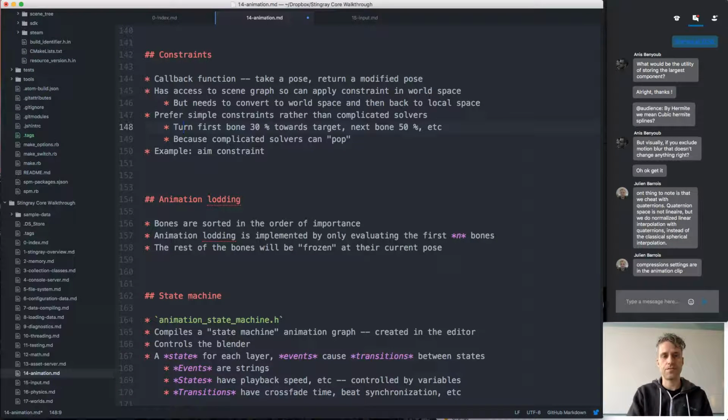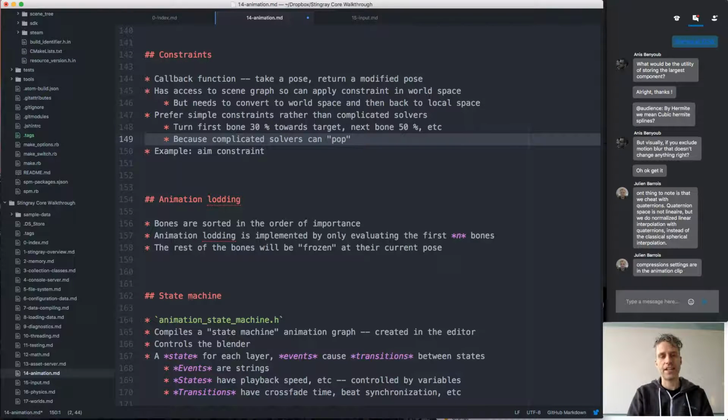I tend to prefer simpler things where it's straightforward how the constraint is applied. Like, take this bone, turn it 30% toward the target, take the next bone, turn it 50% toward the target direction, and then take this bone and turn it 100% toward the target direction. Something simple like that rather than solving an equation.